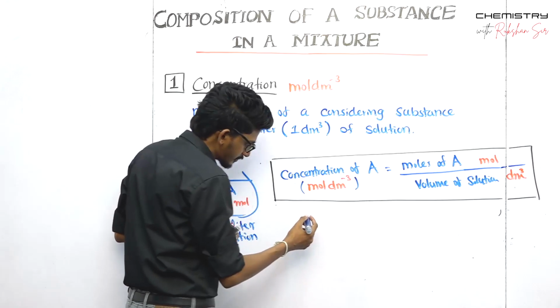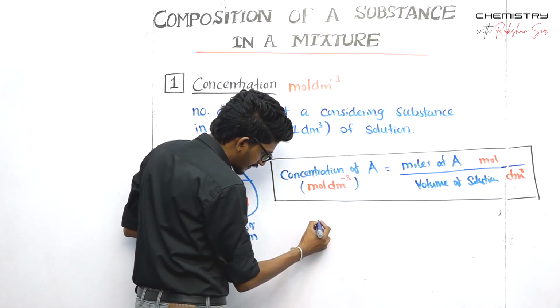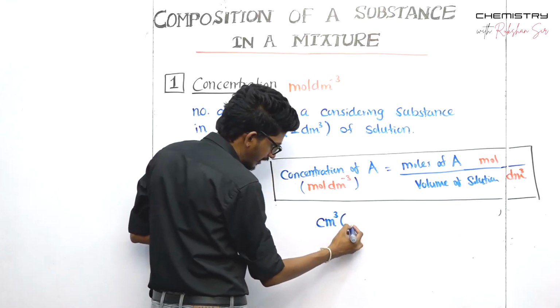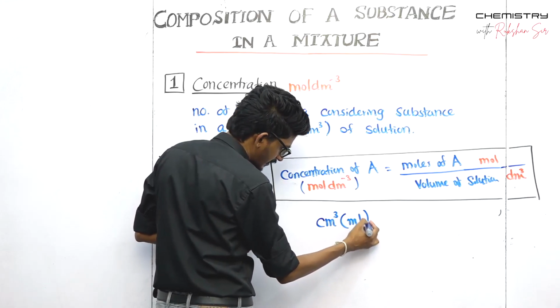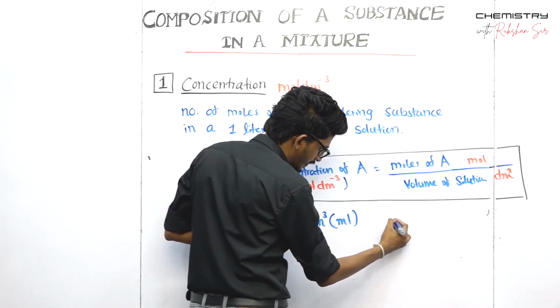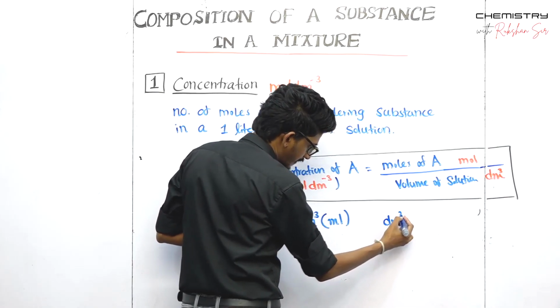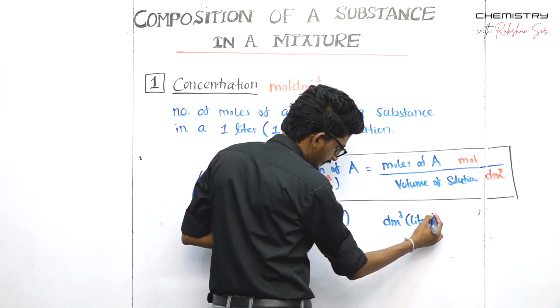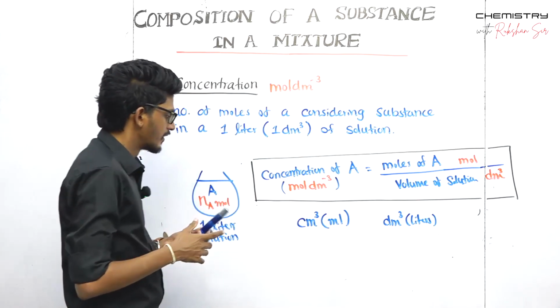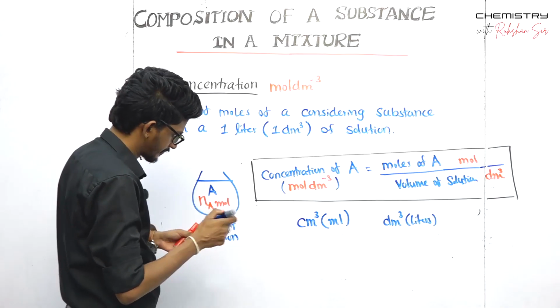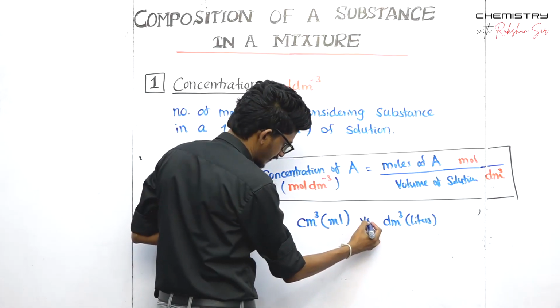Milliliters or centimeter cubes: centimeter cubes means milliliters. And liters, the decimeter cube values: decimeter cube means liters. We have this kind of conversion, and it's very important.